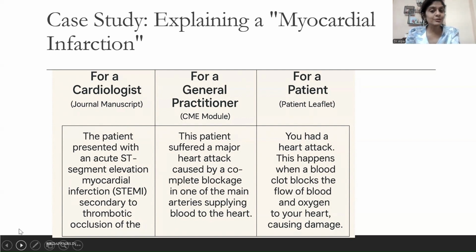Whereas for a general practitioner, we would write, the patient suffered a major heart attack caused by a complete blockage. Whereas when the same information is presented to a patient, we won't use medical terms like myocardial infarction. We would tell him in his language that he had a heart attack, what the reason is, and what he can do to prevent such episodes from happening again.